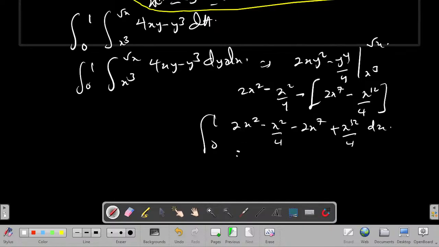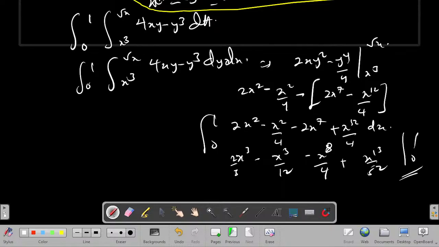So I have 2 over 3 x cubed minus x cubed over 12 minus 2x to the power 8 over 8 plus x to the power 13 over 52. You put in your 0 to 1, get your answer. So that's how you solve problems with general regions. You just draw and simplify.